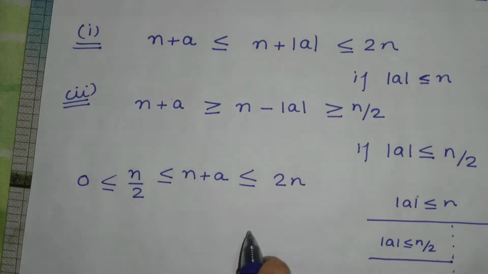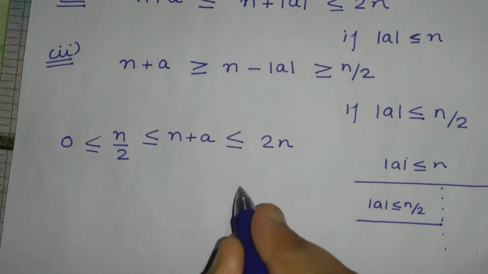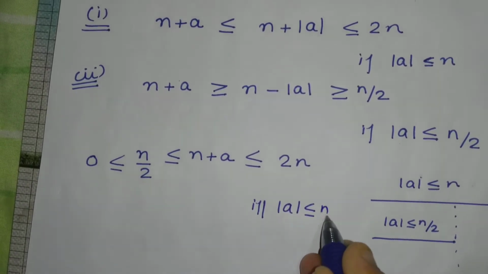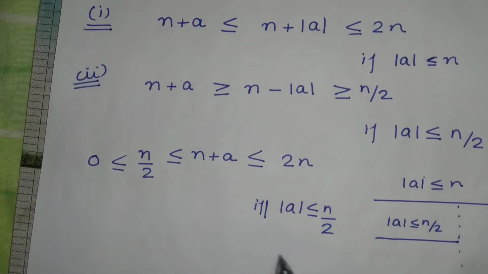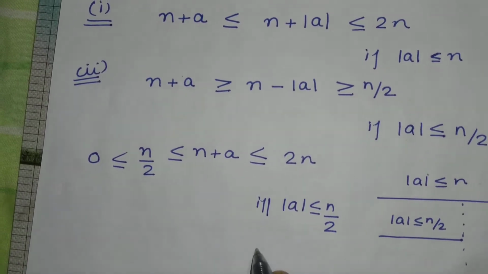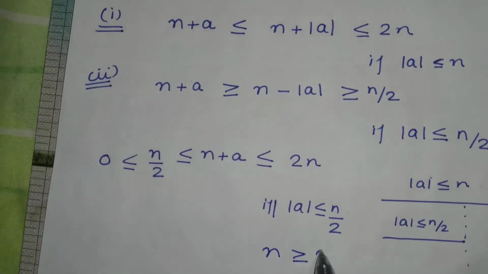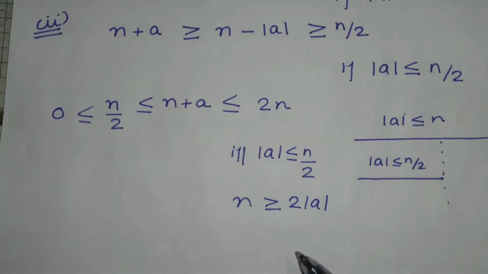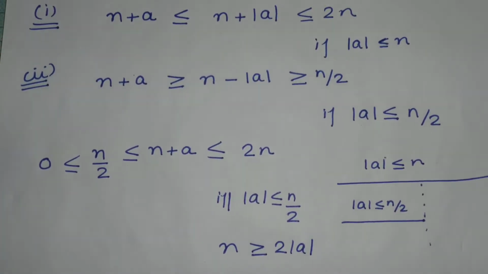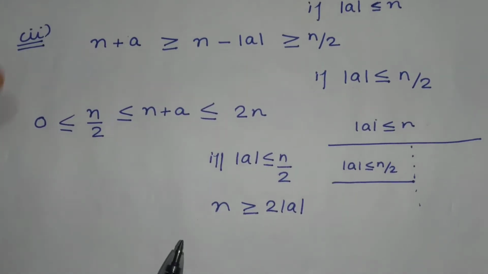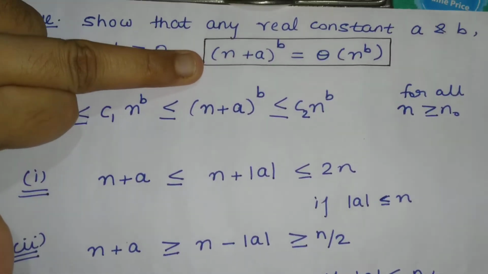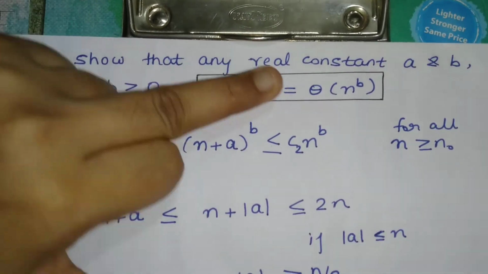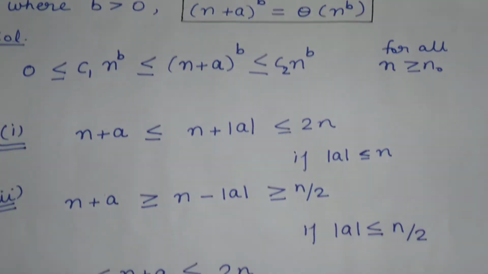This is satisfied when |a| is less than or equal to n by 2, or from here we can write that n is always greater than or equal to twice |a|. Now in the question it is given that b is a constant which is always greater than 0, and the whole term is raised to the power b.